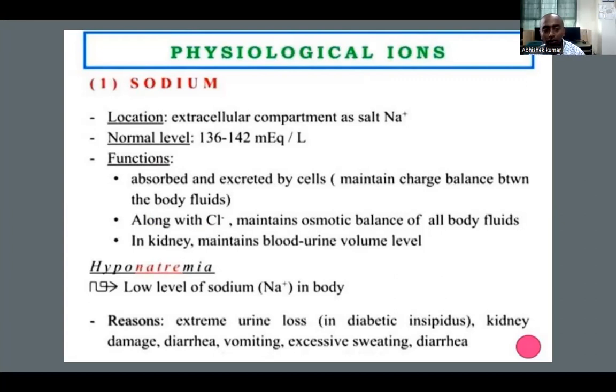If the sodium concentration is low, then the body suffers from disease. If the sodium concentration is high, then also the body suffers from disease.